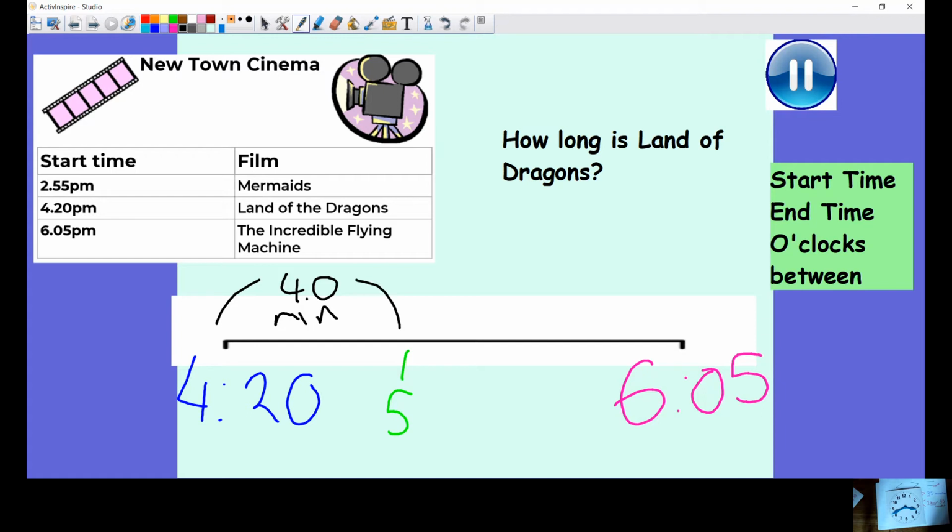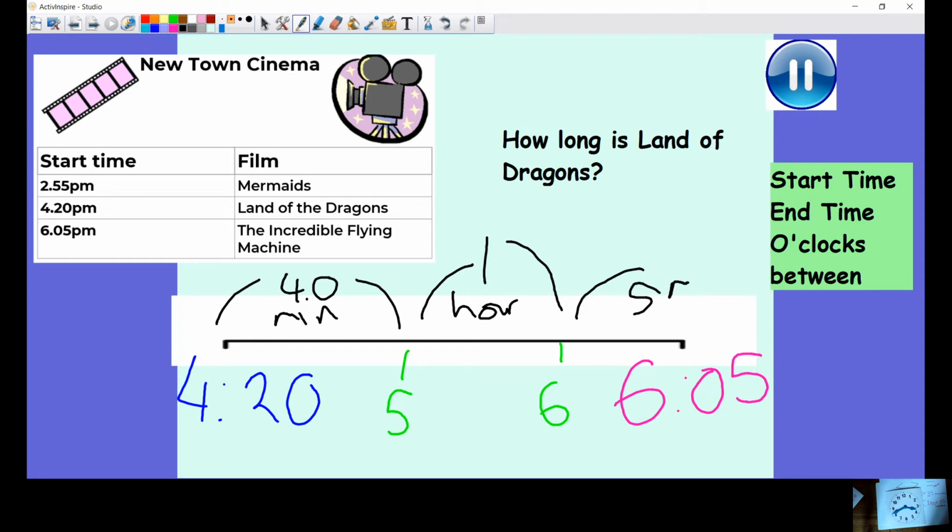So the next hour I need to get to is 6 o'clock, absolutely. And that is just 1 hour. Finally, remember when it's 6 o'clock, there's no minutes past. Finally, I need to get to 5 past 6. 5 minutes past 6 o'clock.